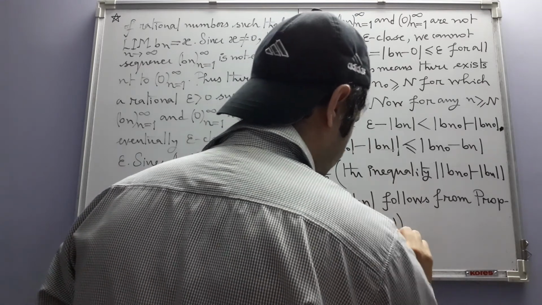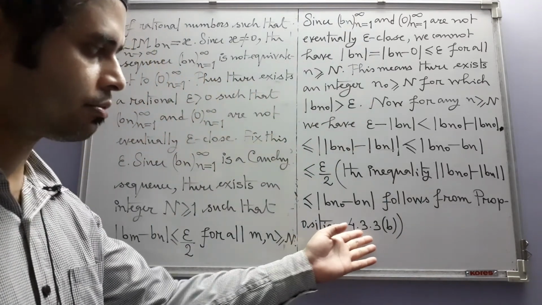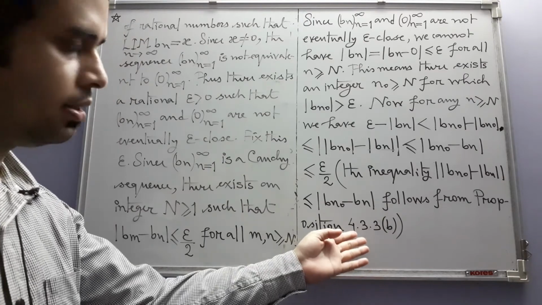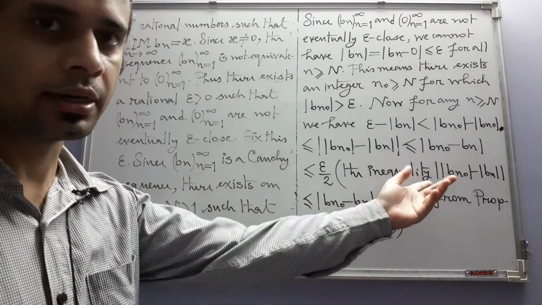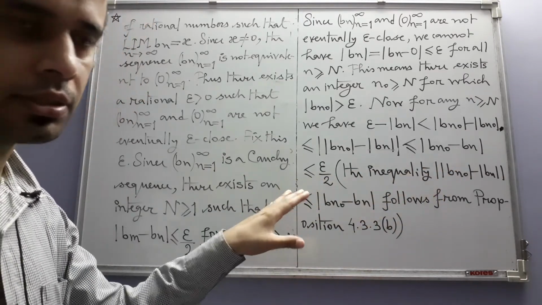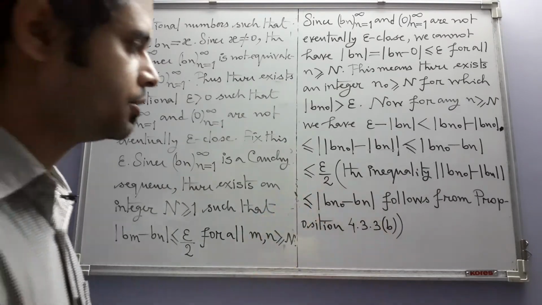If you go to this result, looking at what the statement is here, you will automatically understand how this inequality follows from this part B of the proposition.